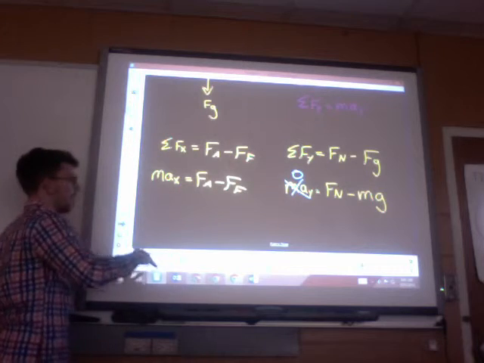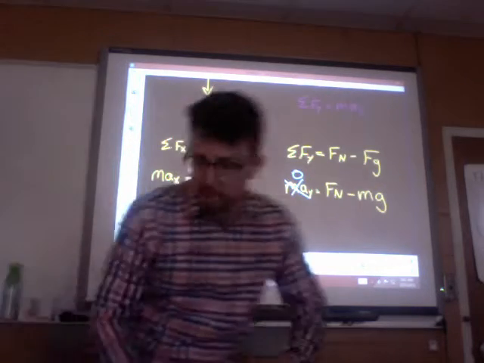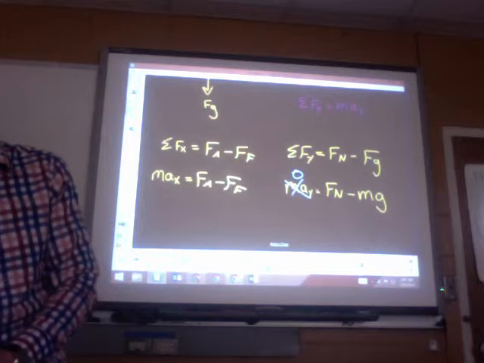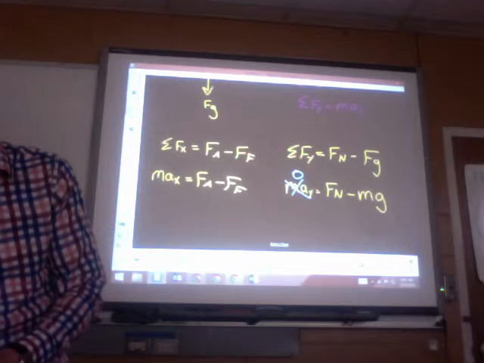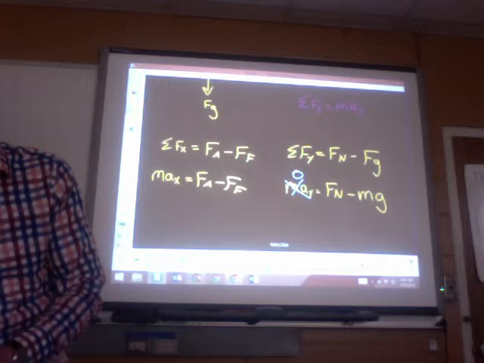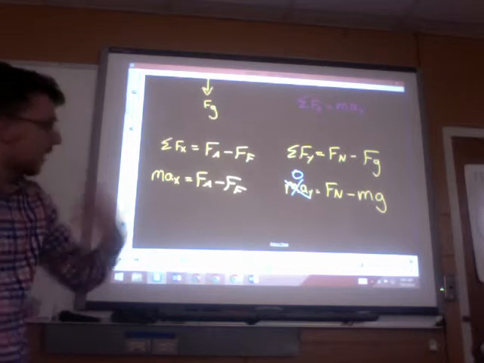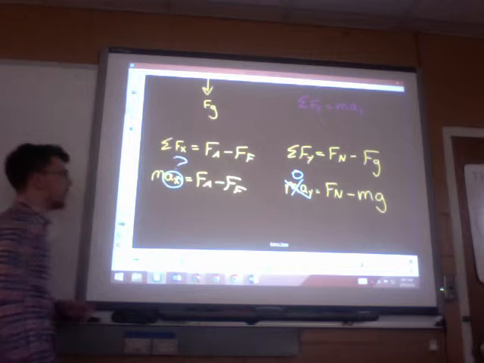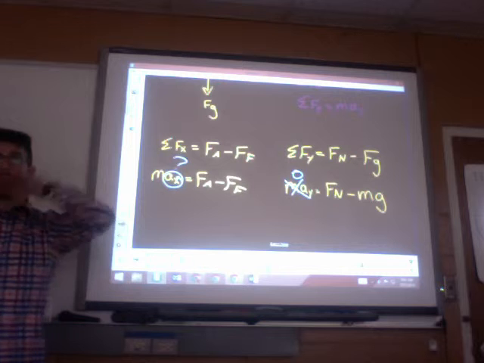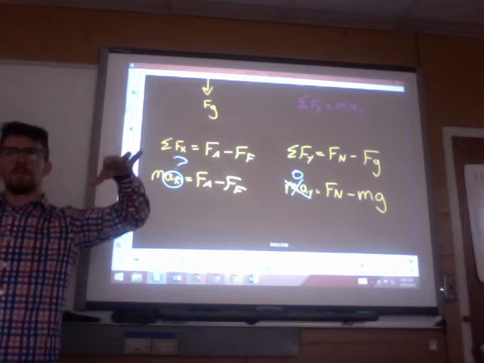Read the problem again. What direction is it accelerating in? To the right. It's accelerating horizontally, so we're calculating the horizontal acceleration. That's what x means. It means horizontal. What does y mean? Vertical.